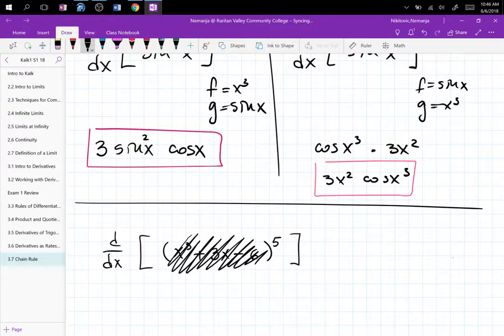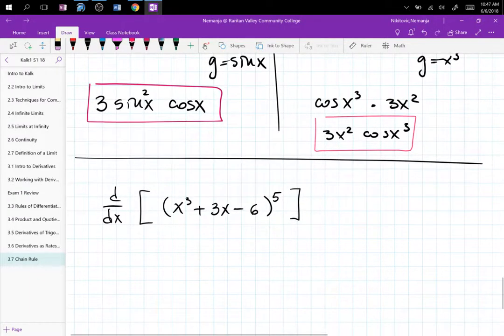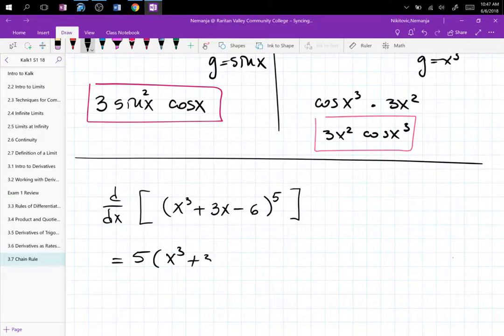It's just going to be like x to the 5, and I can deal with that. And then I will take the derivative of x to the 5, but instead of x I will write whatever I scratched out. So the derivative of this must be 5 times the inside raised to the 4th, and then times the g prime, which is the derivative of the inside, which is 3x squared plus 3.